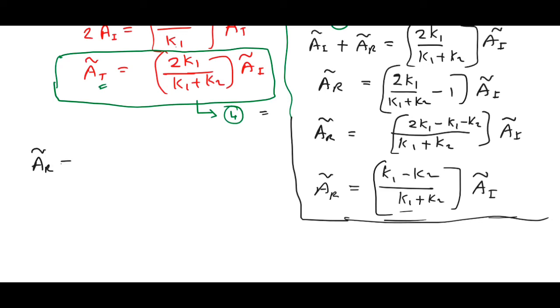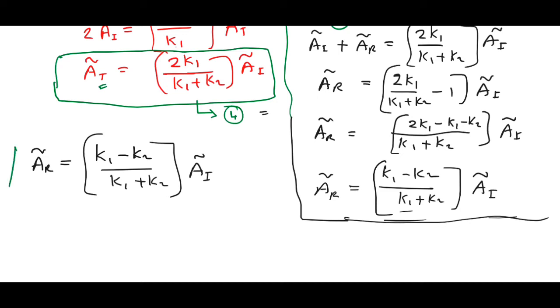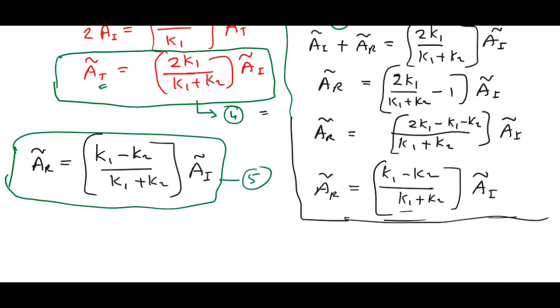Let us rewrite here: A_R is equal to (K1 minus K2) by (K1 plus K2) into A_I. Let me put it in a box. This is another result, equation number 5: the reflected amplitude in terms of the incident amplitude. These are the two results, the transmitted and reflected amplitudes in terms of the incident amplitude.